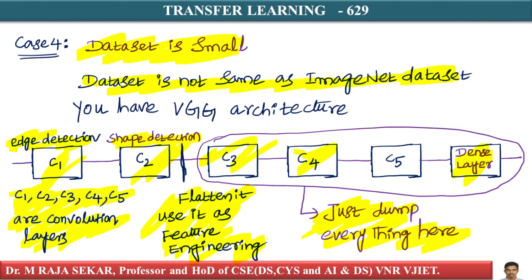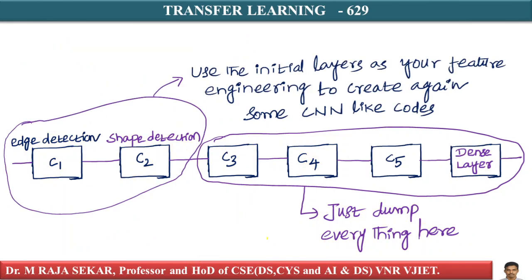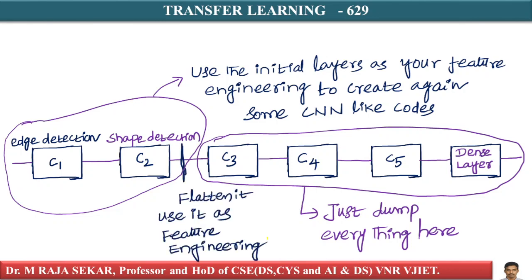So use the initial layers as your features. Use the initial layers. This is very, very important. Use the initial layers as your feature engineering to create again some CNN codes.